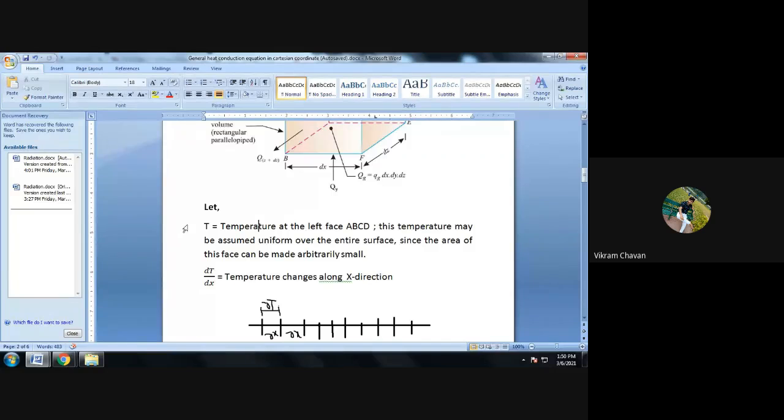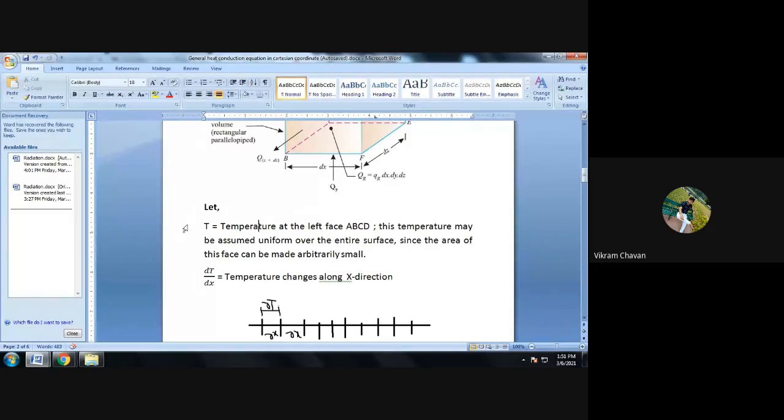since the area of this face can be made arbitrarily small, full stop.